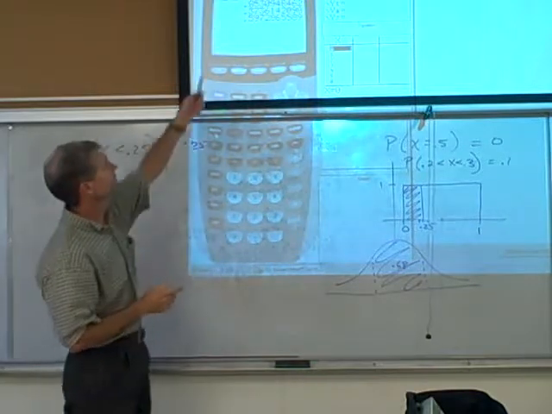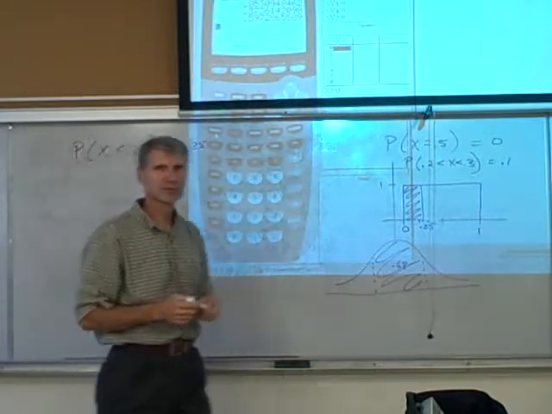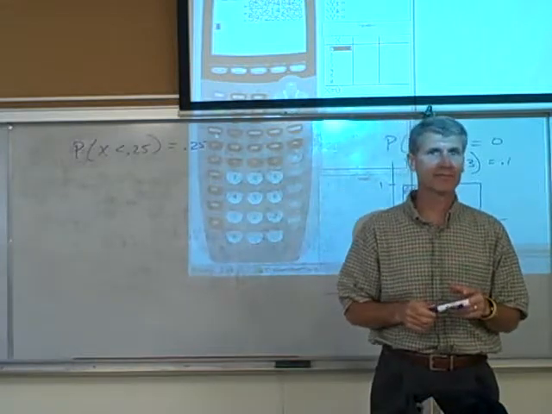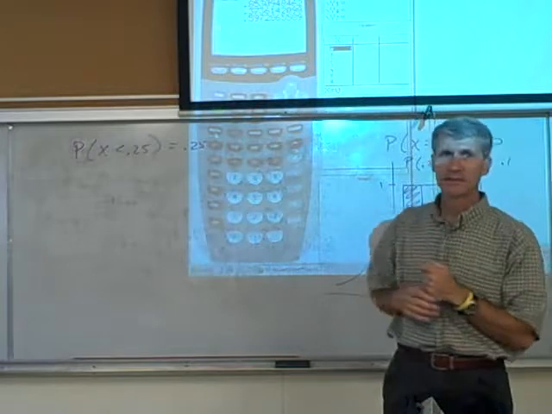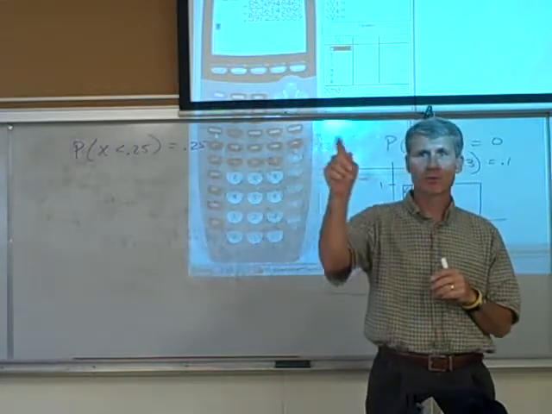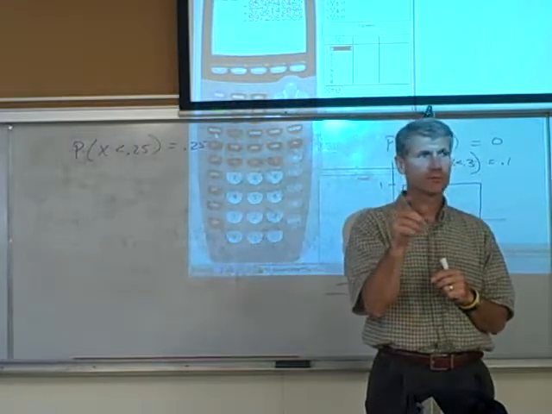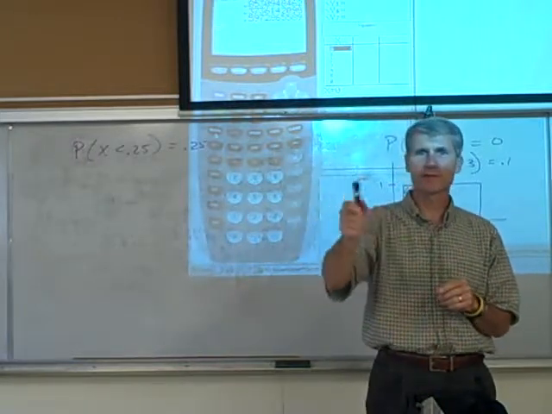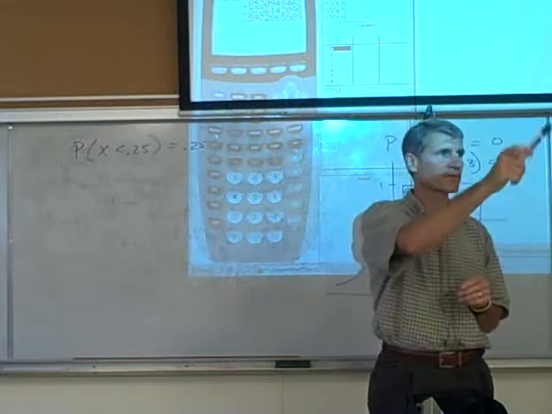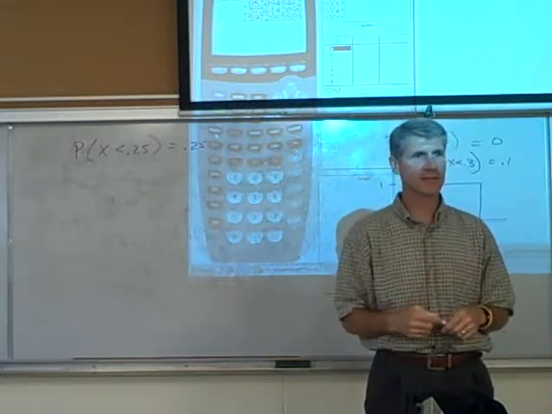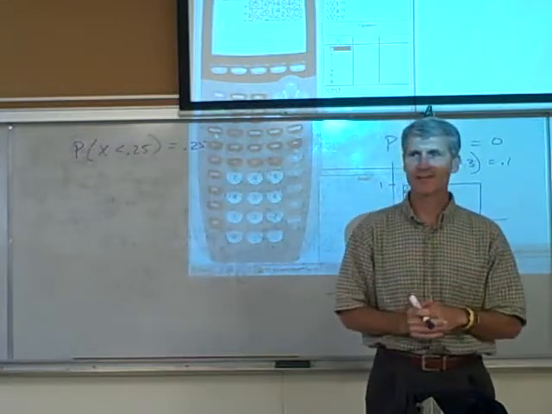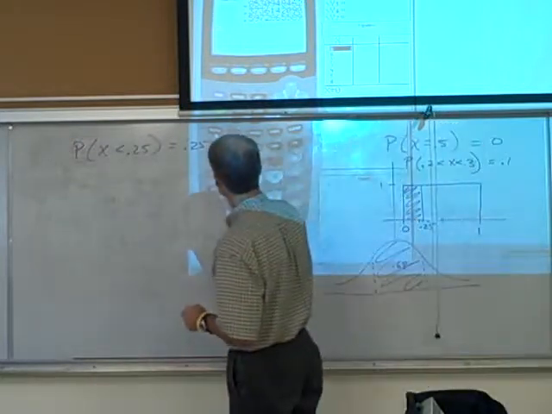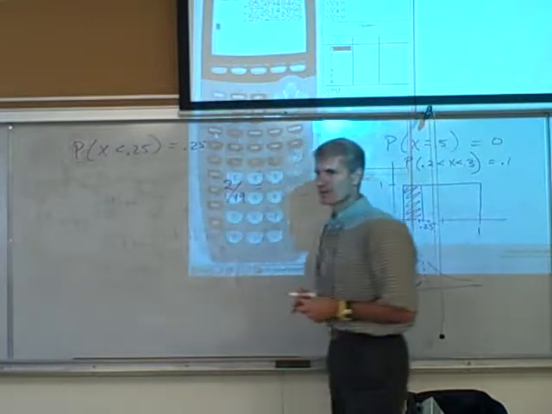Now, look at your calculator on the first one that you generated. How many people got a number less than 0.25? I did not. How many people did? 1, 2, anybody else? So 2 out of 19 people. I wish we had 20 because then 25% would be easy. Give me that as a decimal.